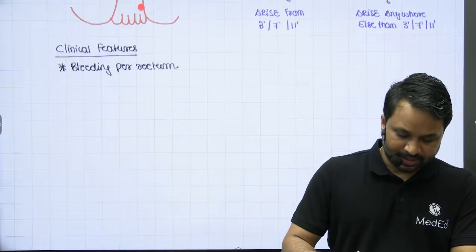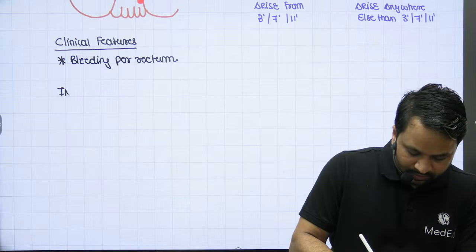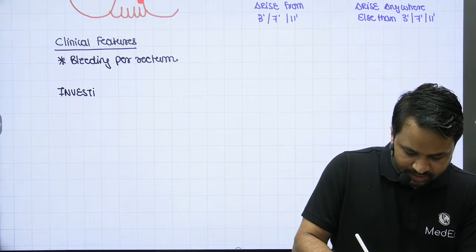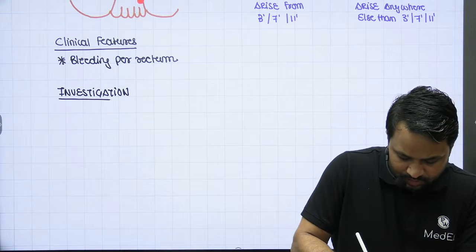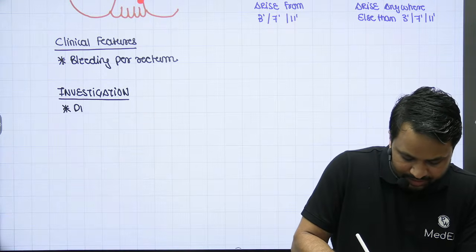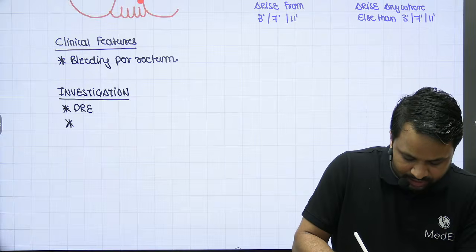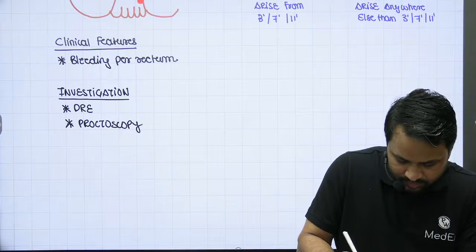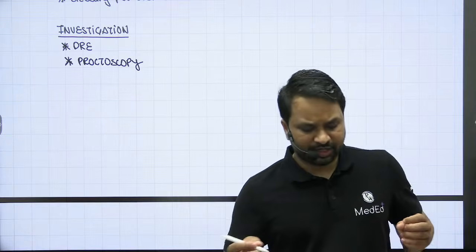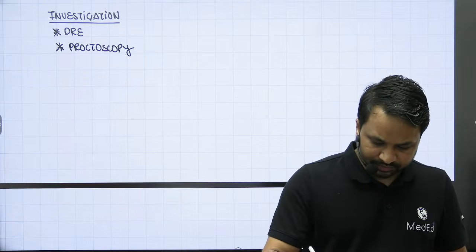Now because they present with bleeding per rectum, I would like to investigate. Obviously I will go ahead with digital rectal examination, but more importantly I will go ahead with proctoscopy.